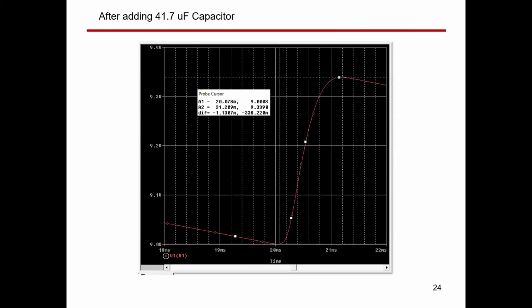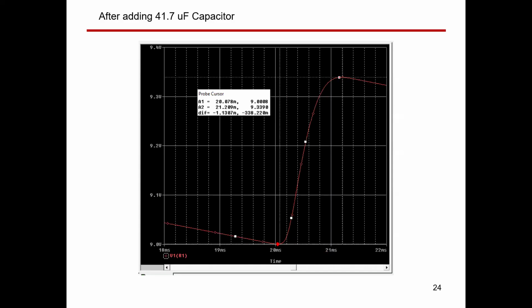Now, if you zoom in on the capacitor volt to see exactly how much ripple we have, as you can see, guys, the minimum value is 9 volt. The maximum value is given at this cursor.